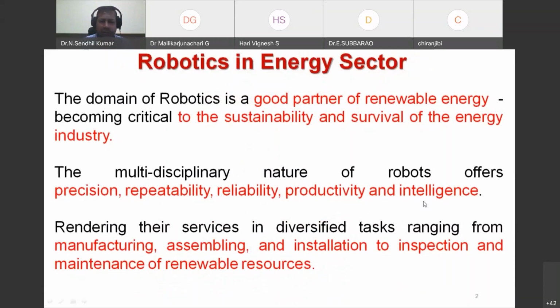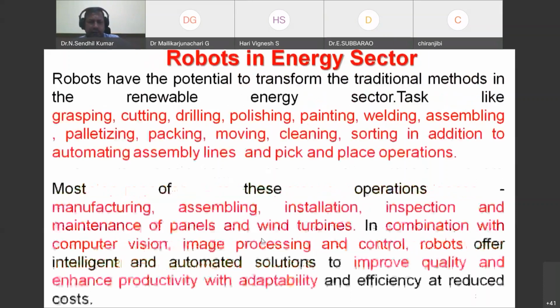If you use it in manufacturing, assembling, installation, inspection, and maintenance of all the renewable energy sources, we can use robotics. We will see in which particular areas of the energy sector. So by using this, what is going to happen?